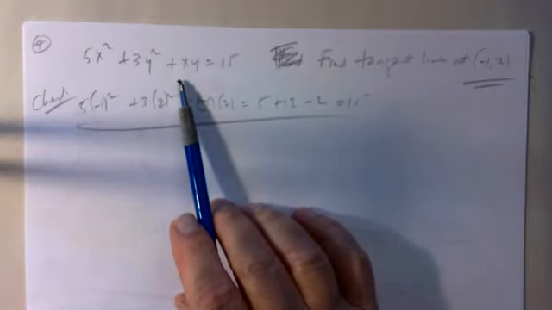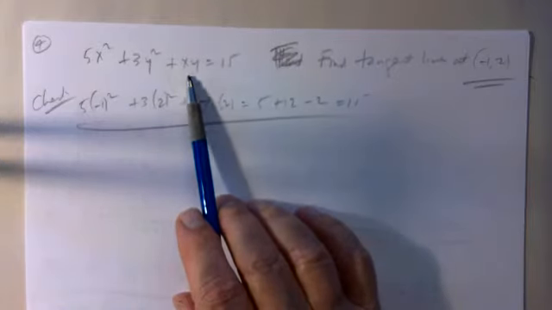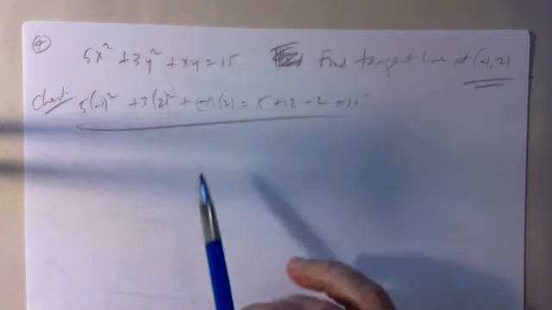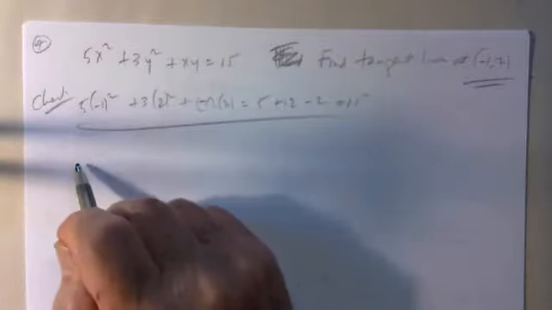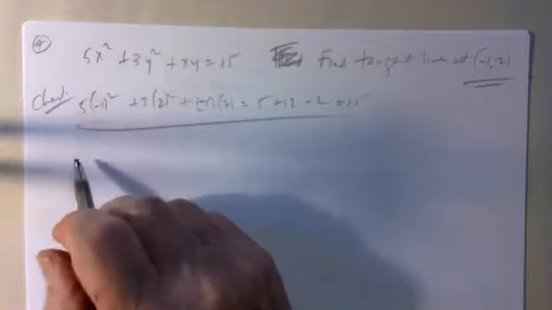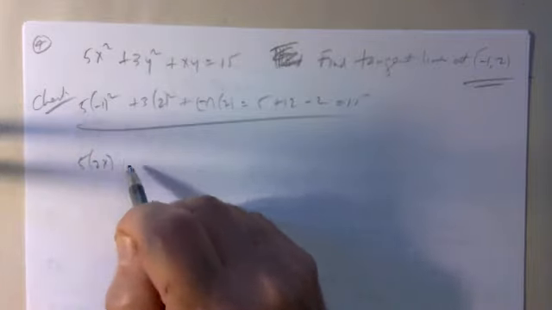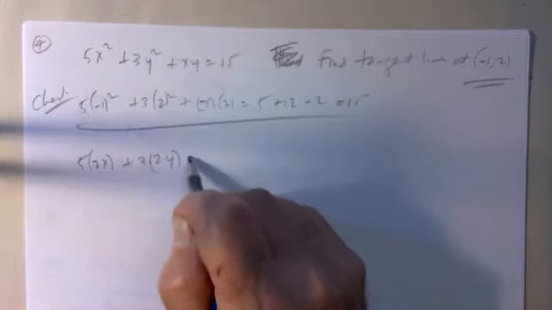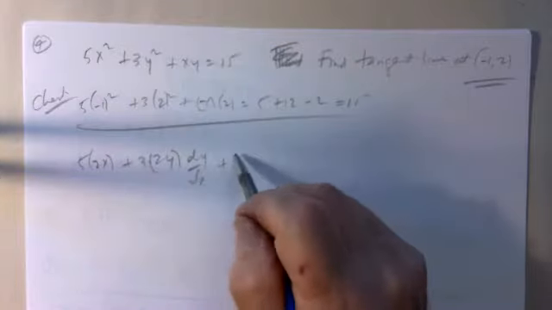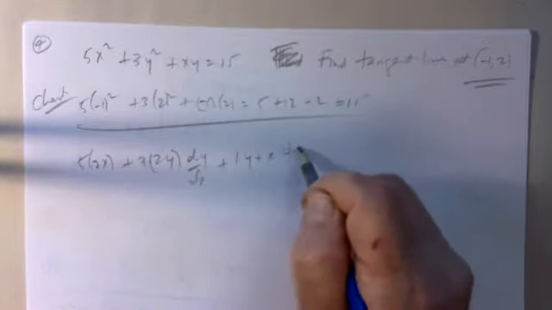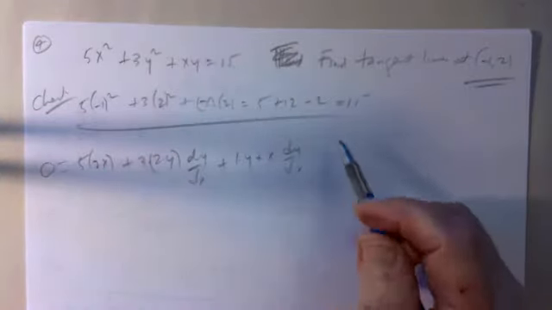What's the slope of the tangent line to the curve at this point? We have to use implicit differentiation. So when we differentiate with respect to x, we get 5 times the derivative of x squared, which is 5 times 2x, plus 3 times 2y dy dx, plus 1 times y plus x times dy dx equals the derivative of 15, which is 0.